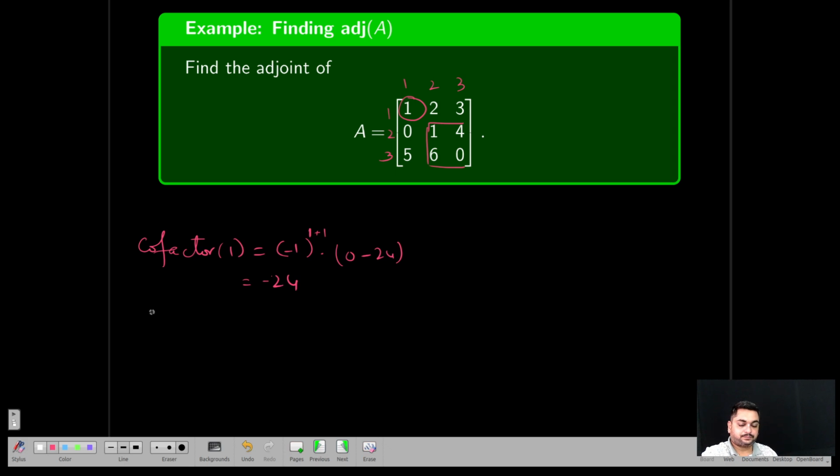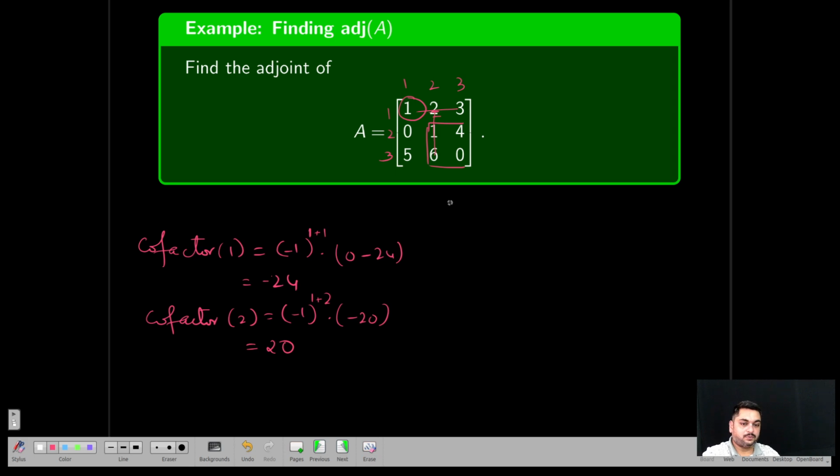Okay. Then similarly you find the cofactor of the second element, this 2. This will be equal to minus 1 to the power, this is first row, second column, so 1 plus 2, into, so now I am considering this element, so ignore this row and this column. This will be 0 minus 0 and minus 20, so this will be equal to 20.